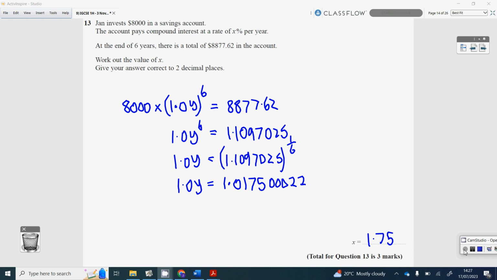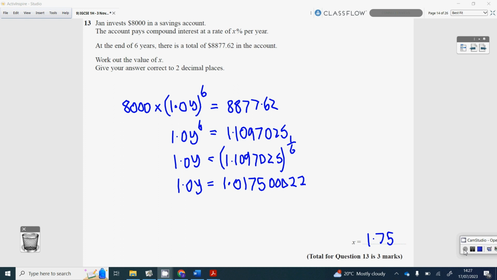Question 13. Now this is quite quick if you're quite comfortable going from a compound interest rate to a multiplier. So you need to be aware that, say, a 5% compound interest rate would give you a multiplier of 1.05, and 6% 1.06, say 5.5% 1.055.